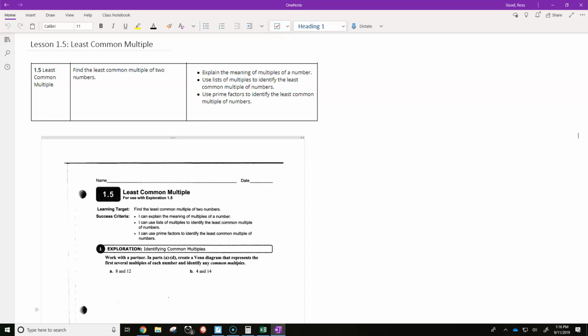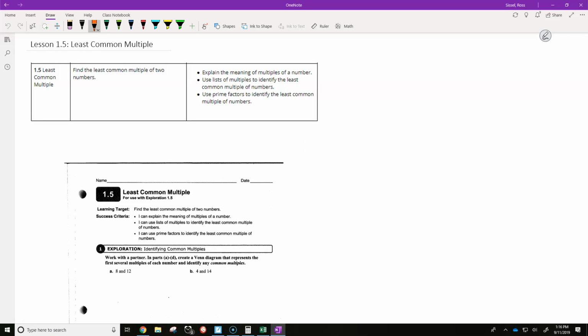So, lesson 1.5, our goal today is that I can find the least common multiple of two numbers. What this will look like today is if I ask you to find the least common multiple between the numbers 12 and 18, you're going to do something like this. I'm going to take 12. I'm going to take 18.